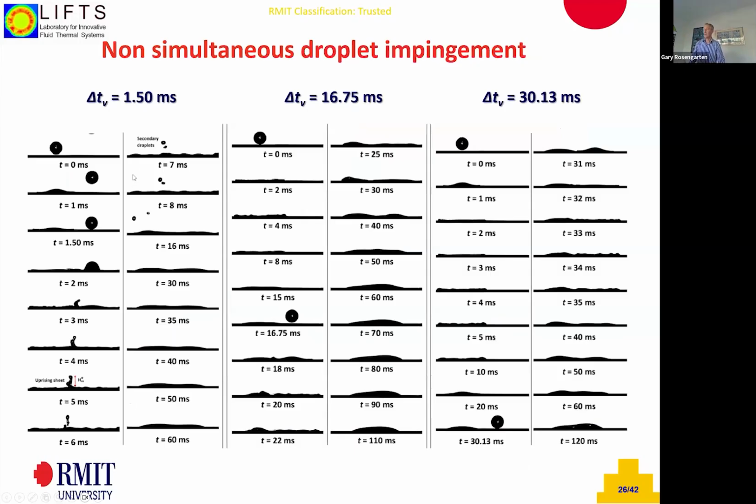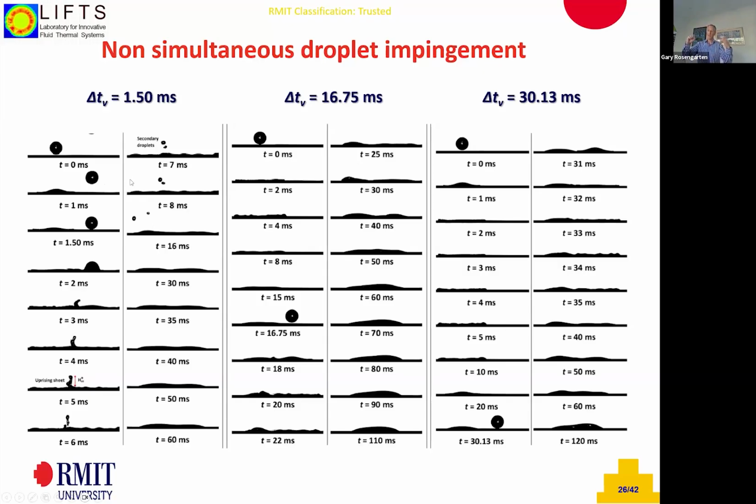So here's some of the high-speed images taken, but just to highlight some of the key points about this is when they're impacting and spreading together, you get this upwelling sheet associated with momentum transfer as they hit, going vertically, and you might even lose this uprising sheet. You might even lose some of the liquid from the surface. You might form secondary droplets.